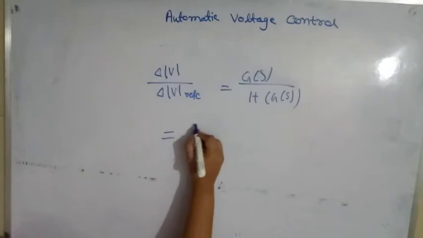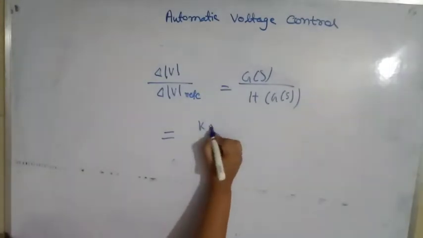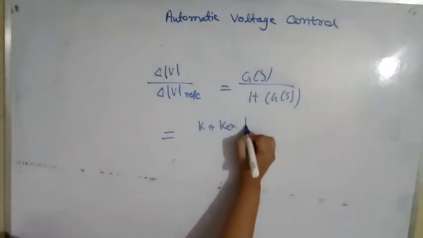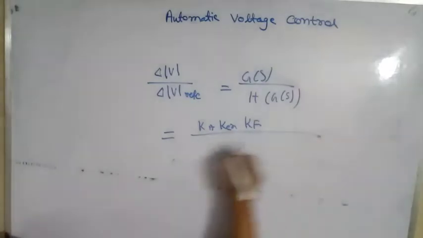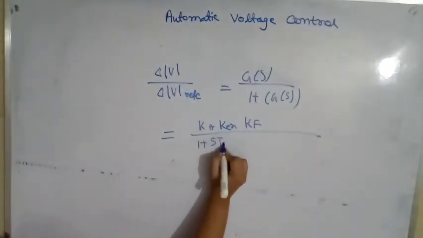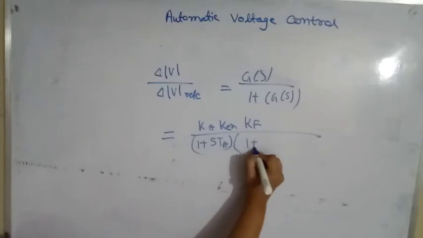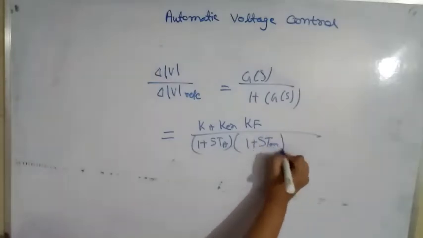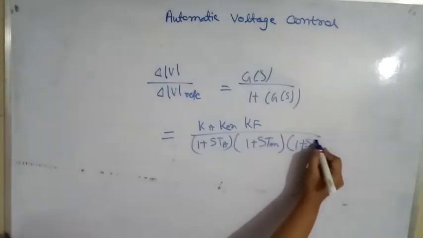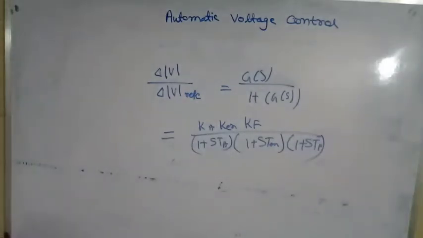Which equals KA KEX KF divided by (1 plus s TA)(1 plus s TX)(1 plus s TF). The AVR loop maintains reactive power balance at a generator bus by indirectly maintaining a constant voltage level. The generator bus can be considered a voltage control node in the network.